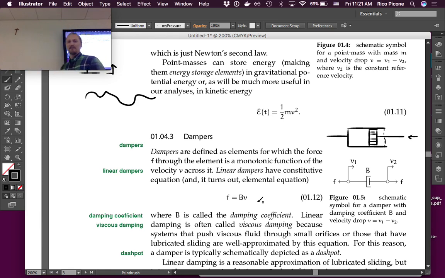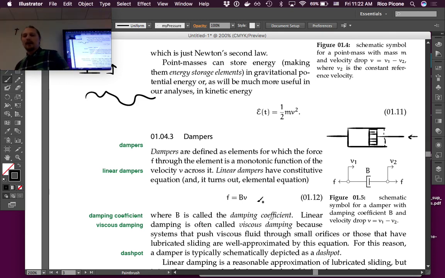So are dampers restricted to only struts and stuff like that, or can they come with springs too? So there are the actual discrete elements like these that are specifically made to be dampers and dashpots.